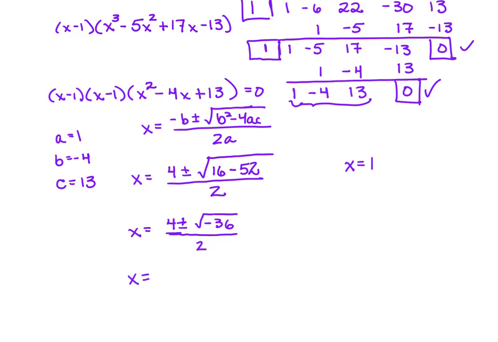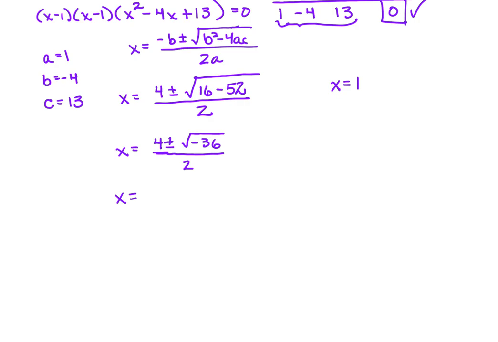All right, now we know about complex numbers, and so we can keep going with this. And so what we get is 4 plus or minus the square root of 36, that is 6. We bring out our negative as an i, over 2.